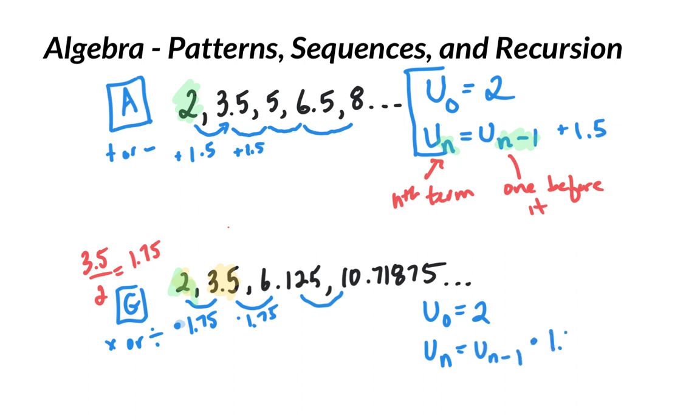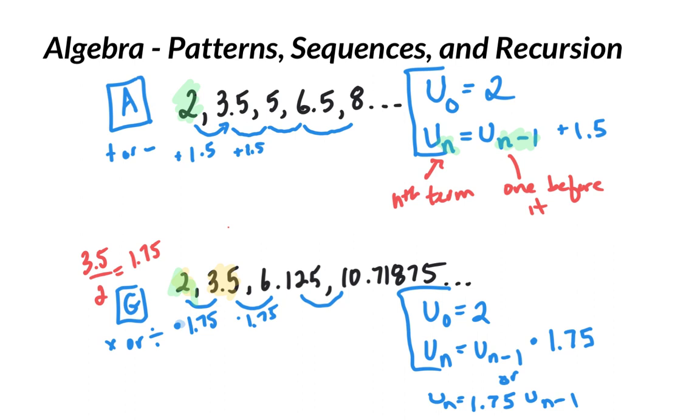We're multiplying by 1.75. Sometimes you'll see these written, I'm just going to write below this, as the number out front, because we're kind of used to putting our numeric coefficients out front when we do multiplication, but it doesn't matter. They're the same.